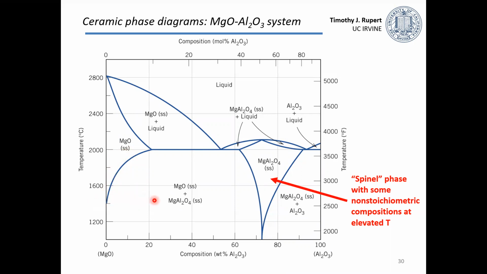If we move into this two-phase region, we see that it separates into a magnesium oxide solid solution. And this is something that's analogous to that intermetallic we mentioned, okay? It's not metallic, so we wouldn't call it that, but it's some ceramic compound, okay? This magnesium aluminum oxygen mixture is actually something special called spinel.